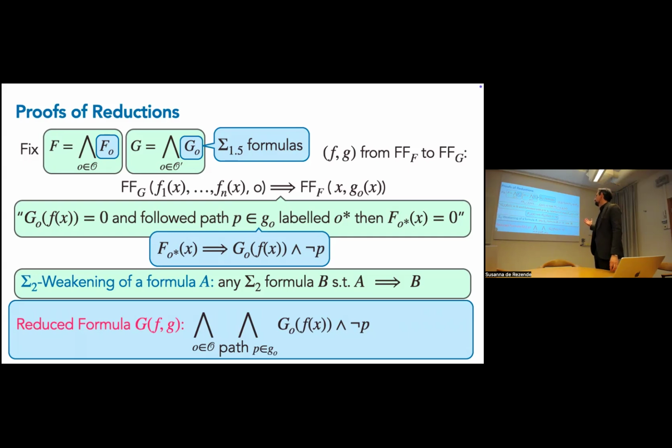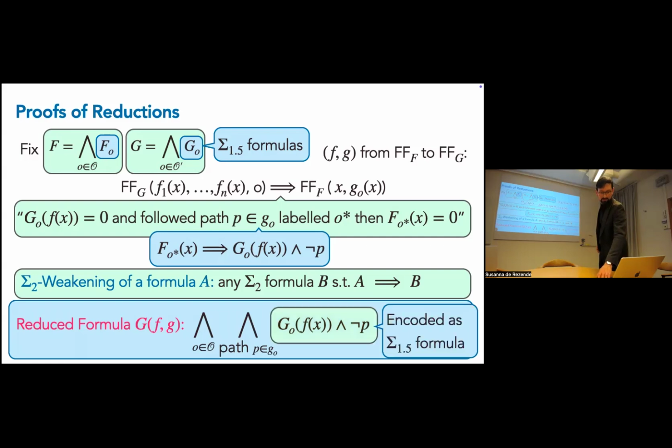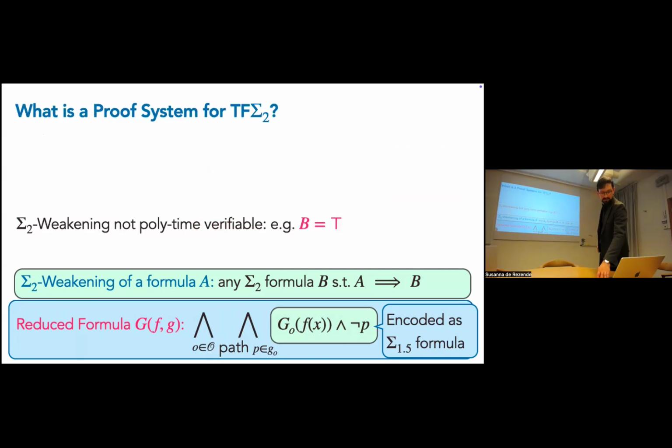So if you reduce the false formula search problem for F to G, then this is sort of the formula you get out of sticking the reduction into the formula. Okay, and this is again encoded as a Sigma 1.5 formula. You can do that. It's just the fact that it's loaded up with decision trees.